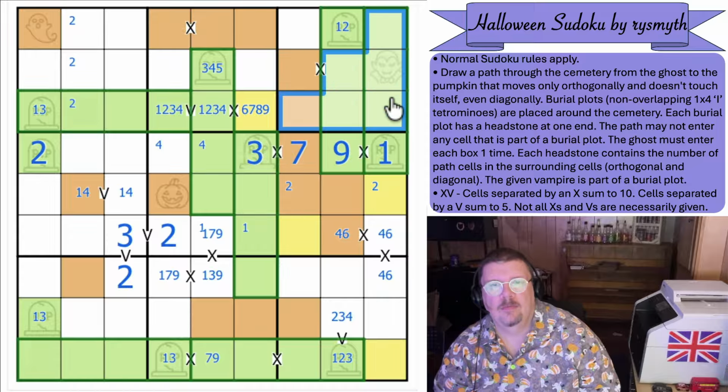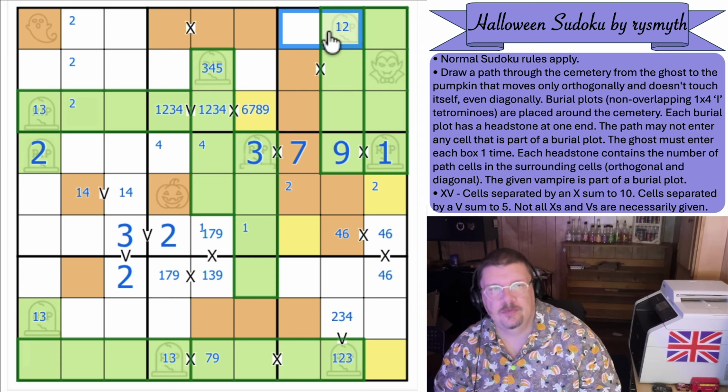1's not there or there. 1 can't be there because that would make that a 9. So one of those two is a 1. That was an unexpected find.